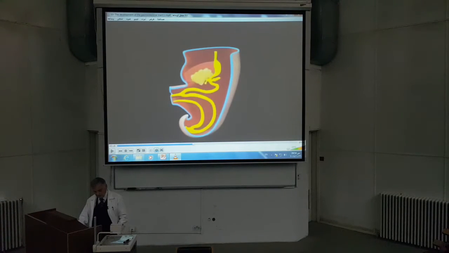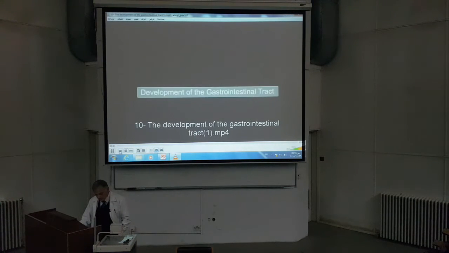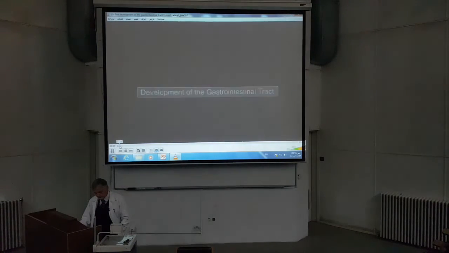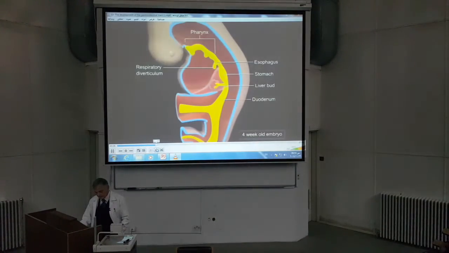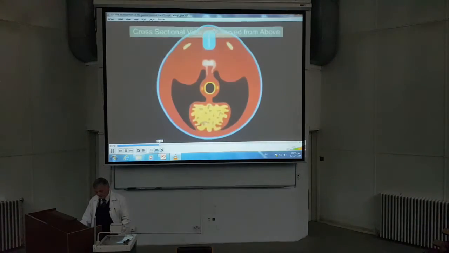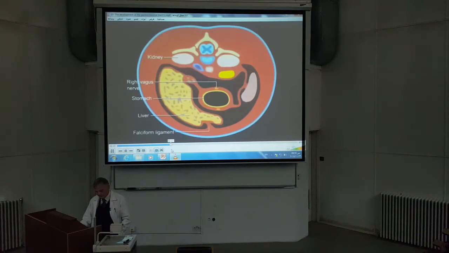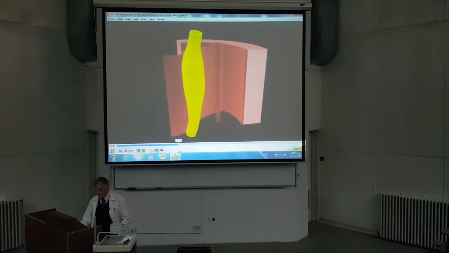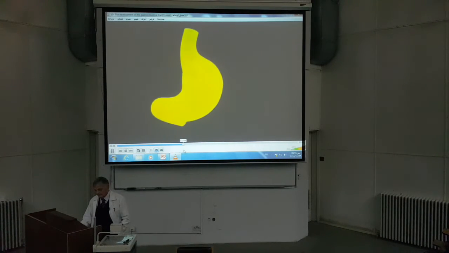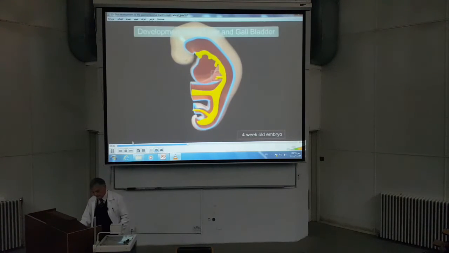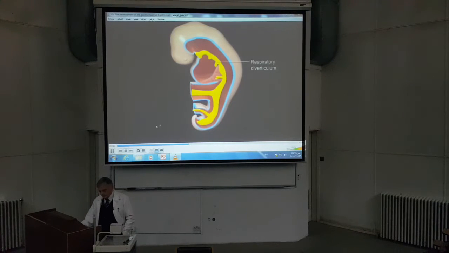Okay, if we go back a little, this is called the liver bud.